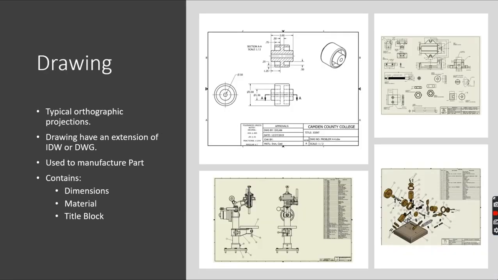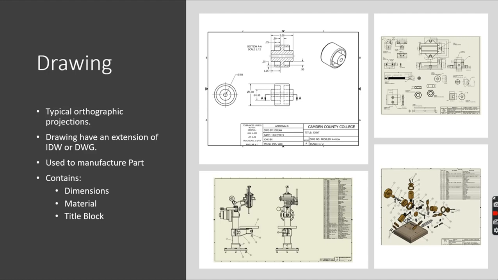We then have drawings. Okay, these are our typical orthographic projections. They are used for manufacturing the part. They do have an extension of either IDW or DWG. If you make it an IDW, it can only be opened in Inventor, it cannot be opened in any other CAD package.